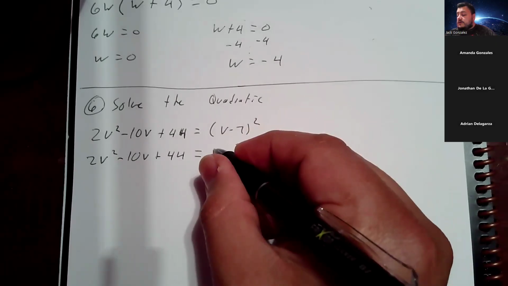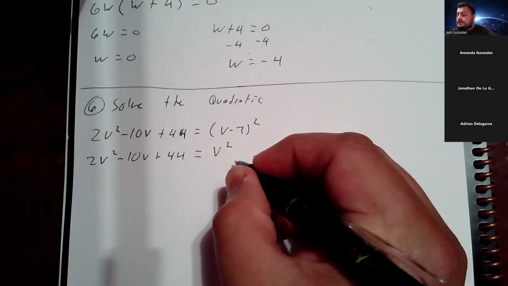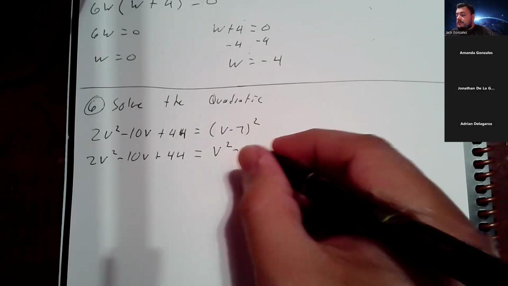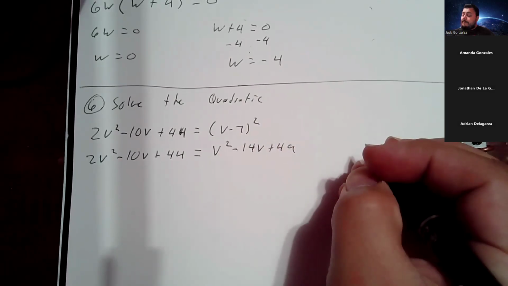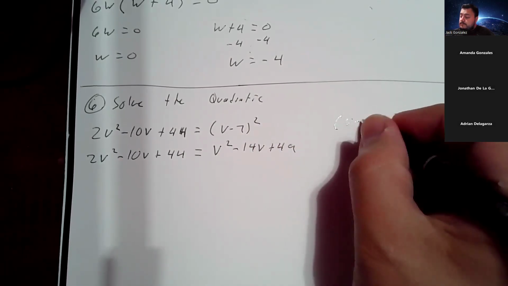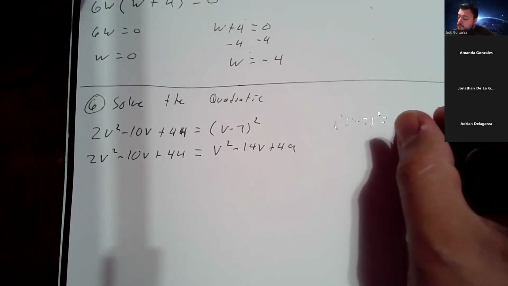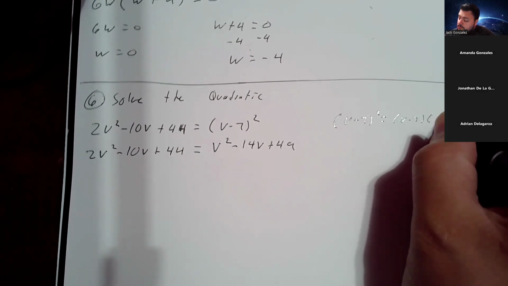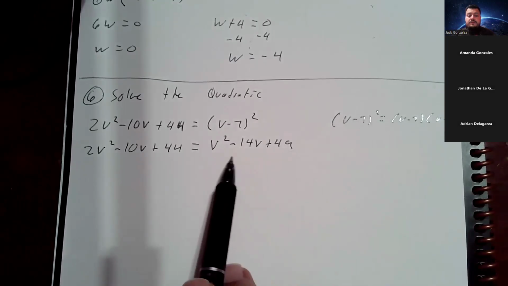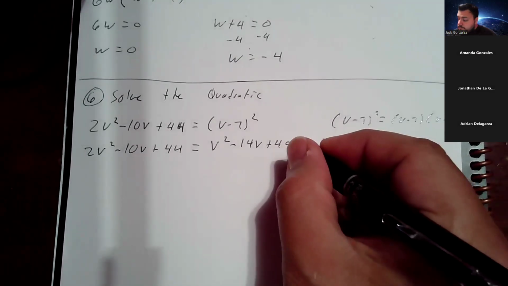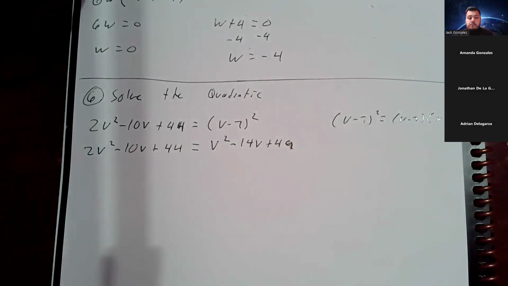Square this, you're going to get b squared minus 14b plus 49. You're going to multiply this out, right? Gets you 3 terms. You could try and see if they factor, but if they end up being different, it wouldn't be helpful.